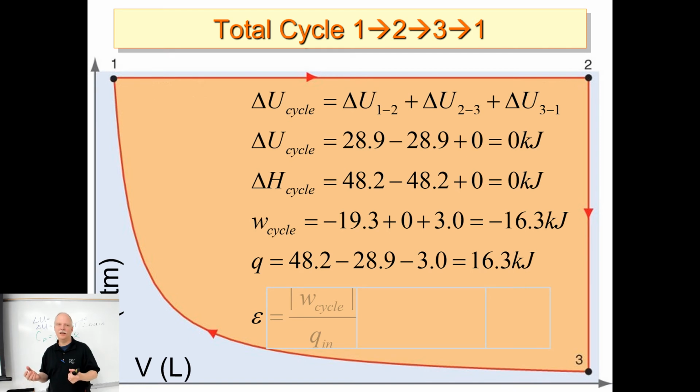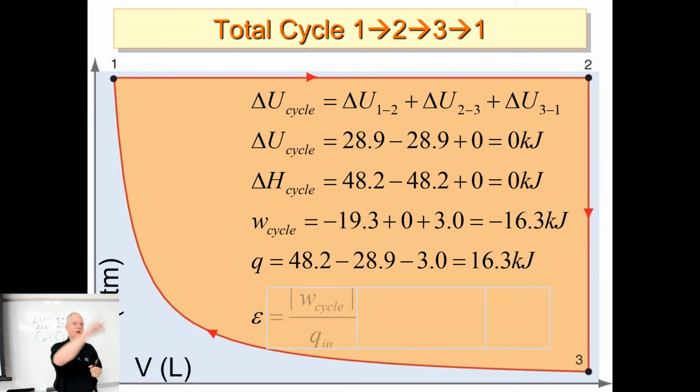Now, that may make you scratch your head, right? But remember that delta H and delta U are what we call state functions. It doesn't matter how they got to point 1. If you're at point 1, you're going to have a certain internal energy and a certain enthalpy.